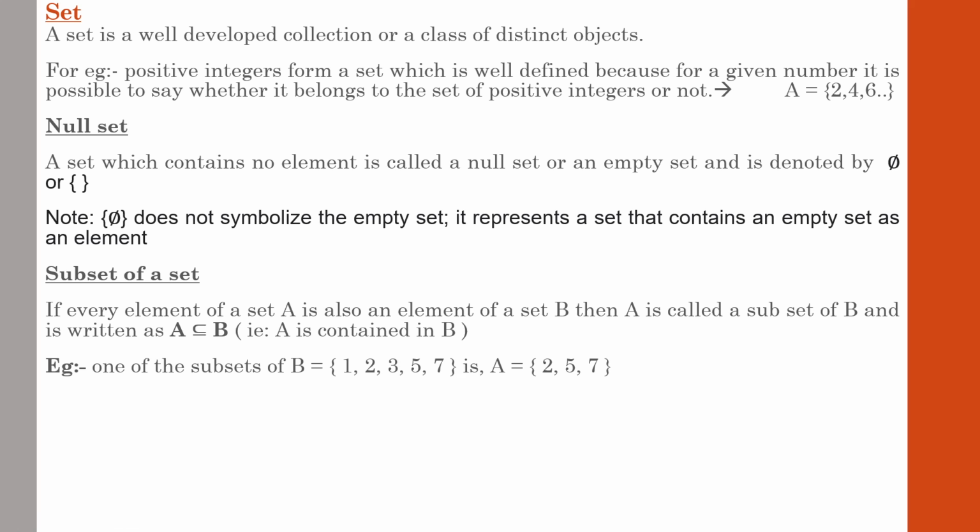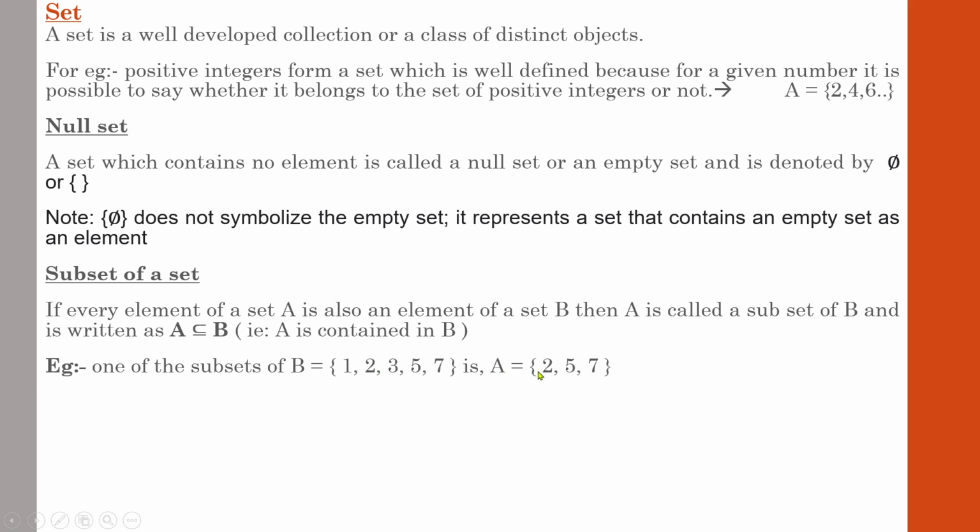You can see that B includes 1, 2, 3, 4, 5, 7, whereas A includes 2, 5, 7. If you look closely, 2 is there in B, 5 is there in B, 7 is there in B. Apart from that, B has in addition 1, 3 and 4. So we can say that A is the subset of B.